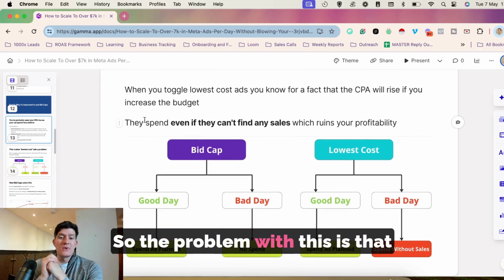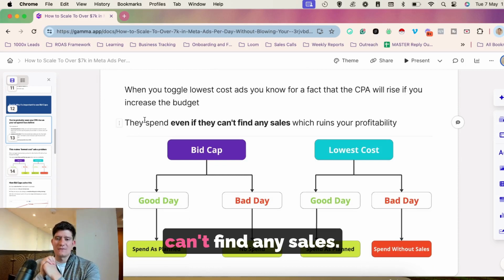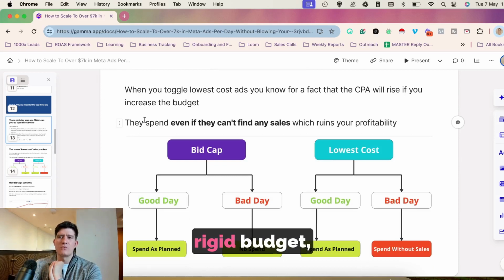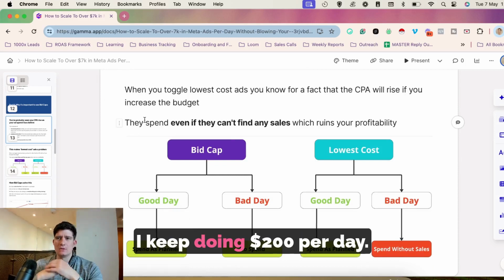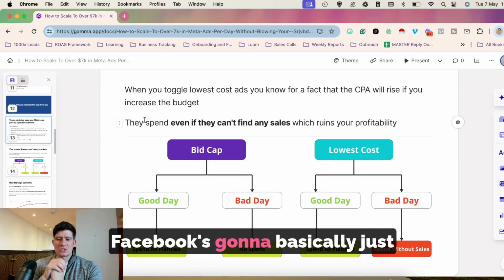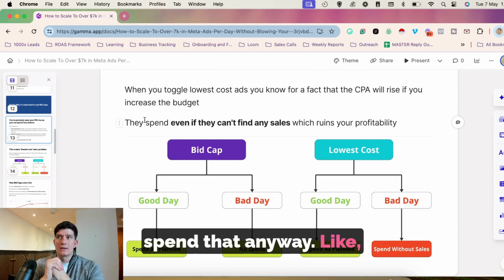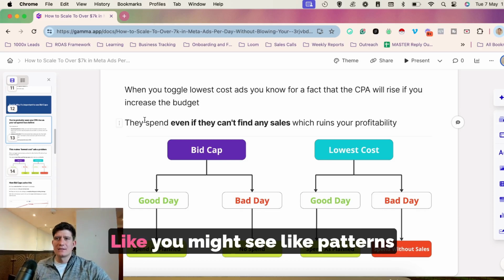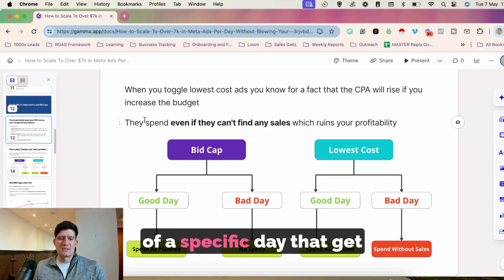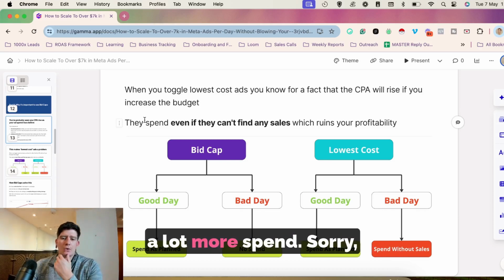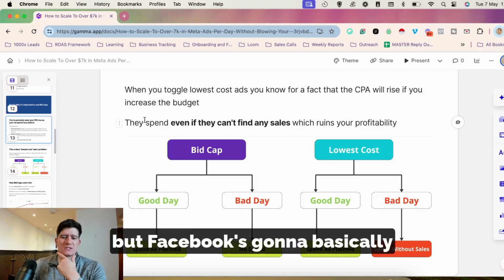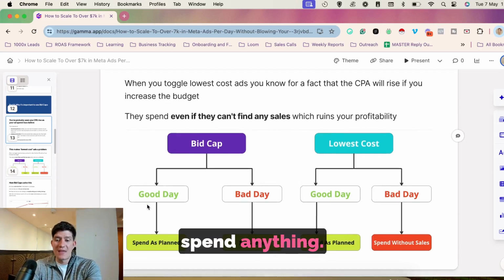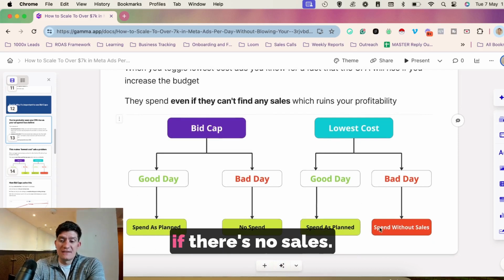The problem with this is that they spend even if they can't find any sales. So if you've got a very rigid budget, for example, I keep doing $200 per day, Facebook's going to basically just spend that anyway. Demand isn't the same every day. You might see patterns of a specific day that get a lot more sales, but Facebook's going to basically spend anything. It's going to spend if there's no sales, it's going to spend if there are sales.